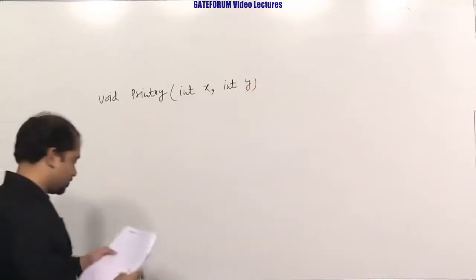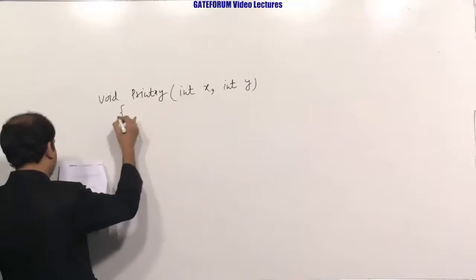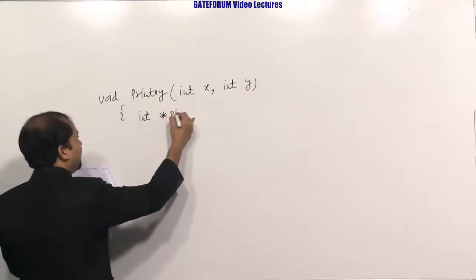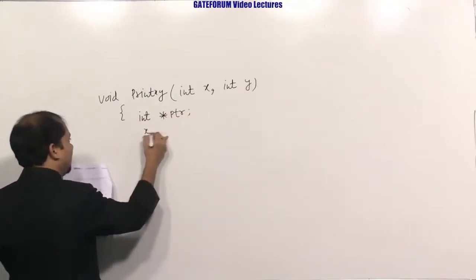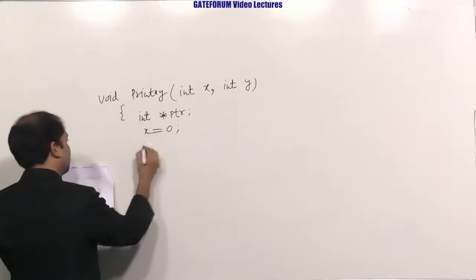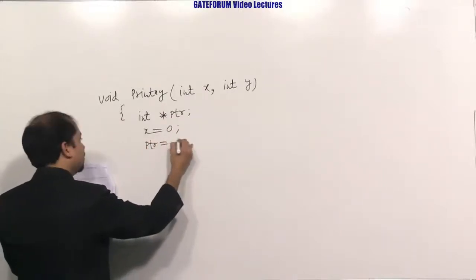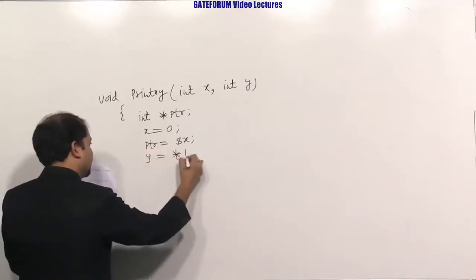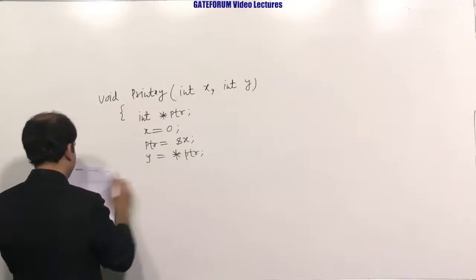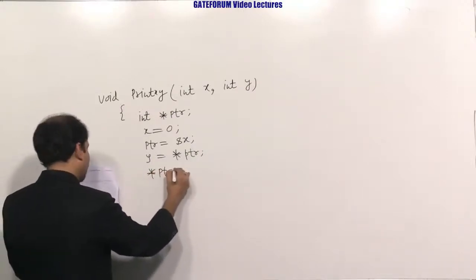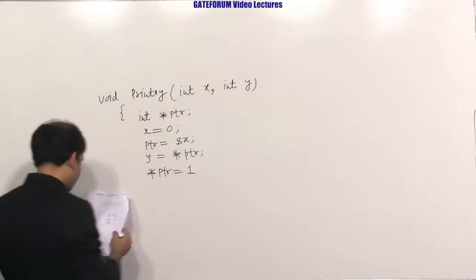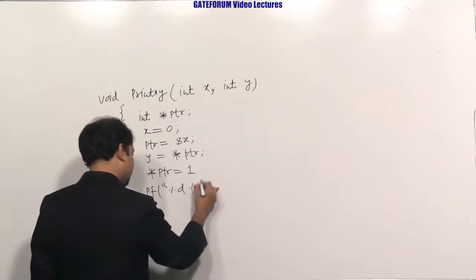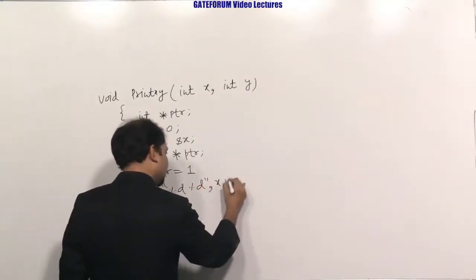Then int ptr, x equal to 0, ptr equal to address of x, y equal to dereference of ptr, dereference of ptr equal to 1, and then printf %d %d of x y.